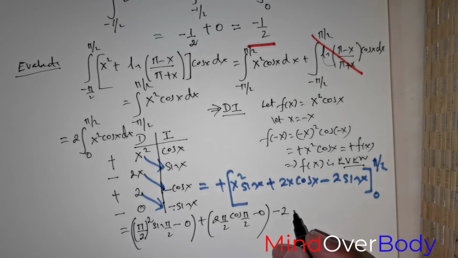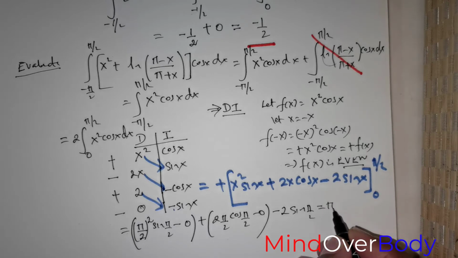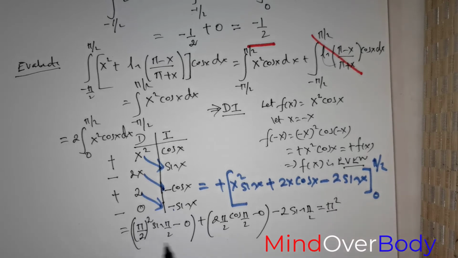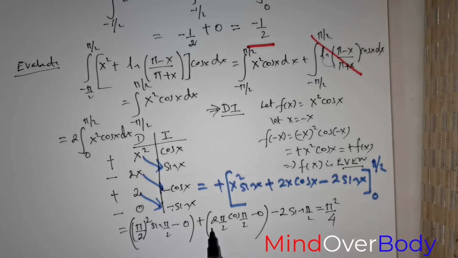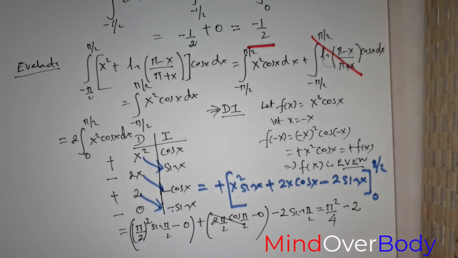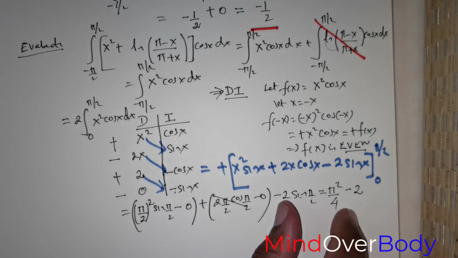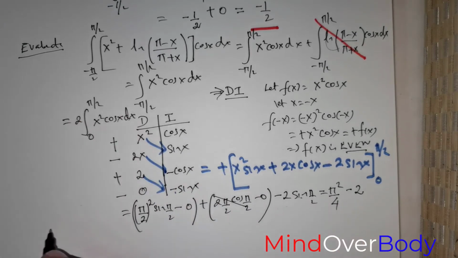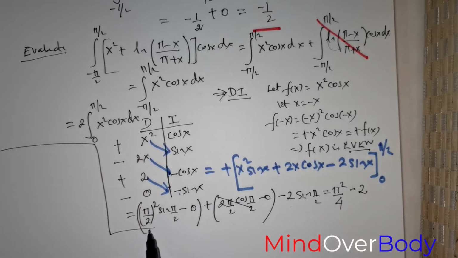This is followed by negative 2 times sine pi over 2. So this is equal to pi squared divided by 4, and this is going to give me negative 2 here, right? That's fine. So I need to take this value and substitute it here. So therefore, let me write the answer here.